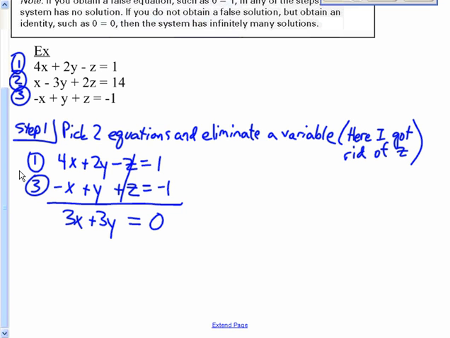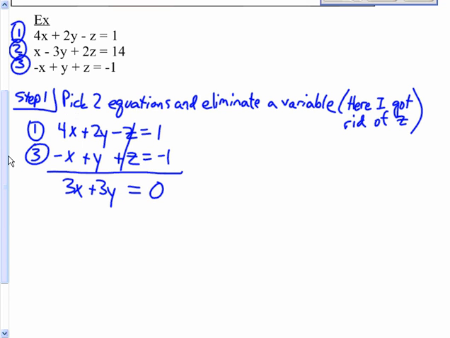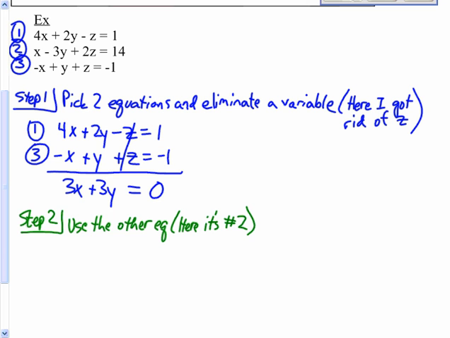Now the second step, I'll write it down here, step 2. Now I have to use the other equation. Here, it's number 2. You notice I've already used equation 1 and equation 3. So I use the other equation and I eliminate the same variable.